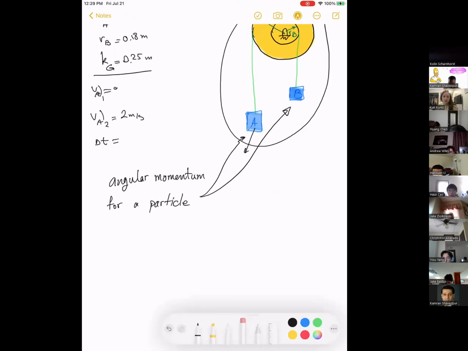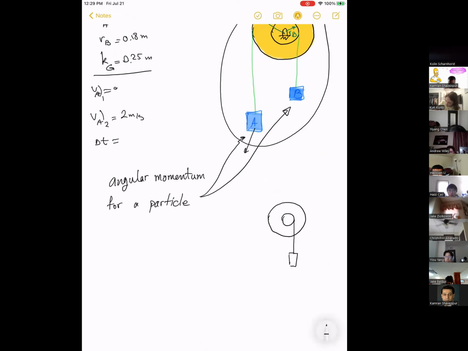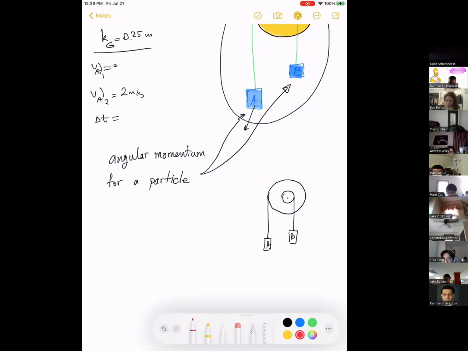the whole system as my system and get the free body diagram, this is going to be the system. If I do the free body diagram here, the external forces are going to be M_A g and M_B g, right?